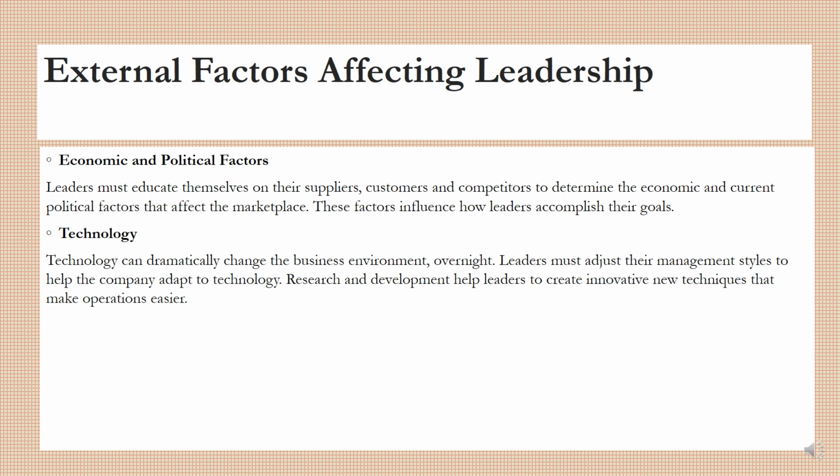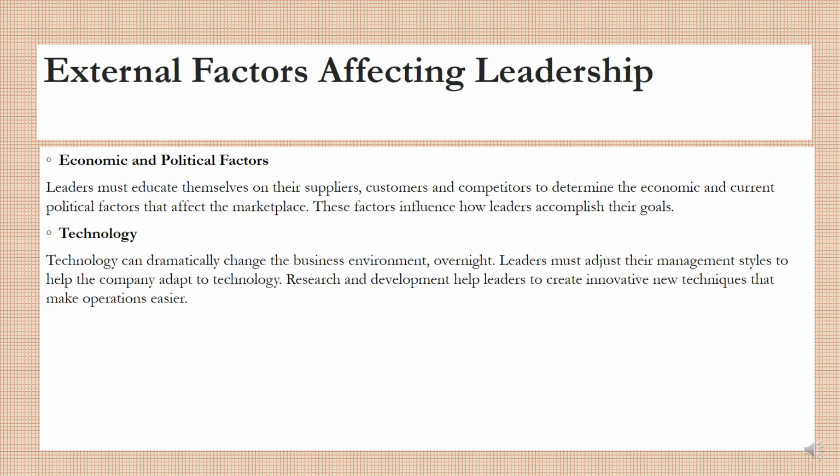Then technology can dramatically change the business environment overnight. So the leaders must adjust their management styles to help the company adapt to those technologies. And that change has to be really smooth. Where comes the role of leadership? He has to be very communicative, and he has to give the proper sense of change so that the employees do not become reluctant to that change.